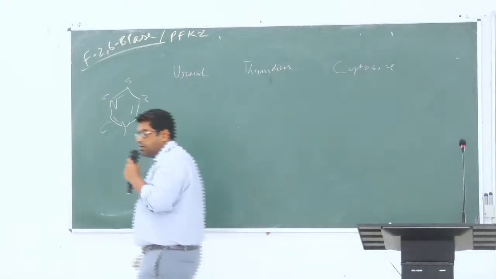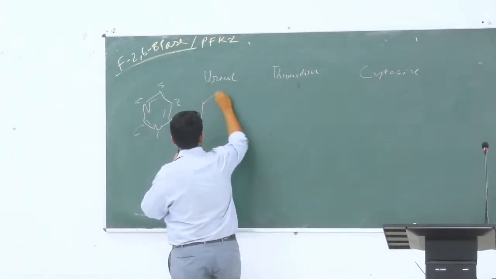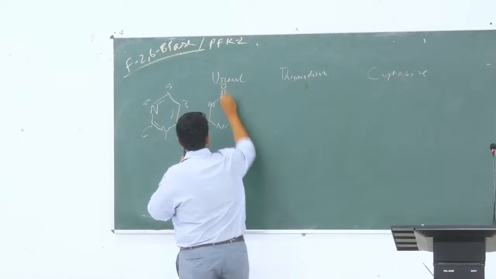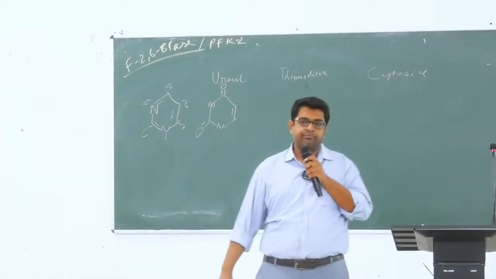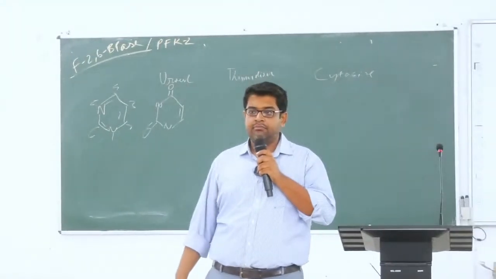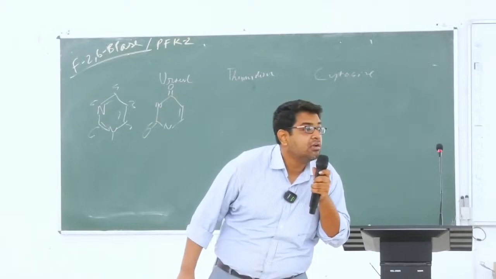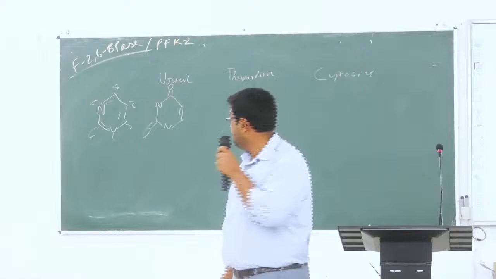Okay. So in uracil, you put 2 oxo groups. You put 2 oxo groups, so a dioxopyrimidine is uracil.